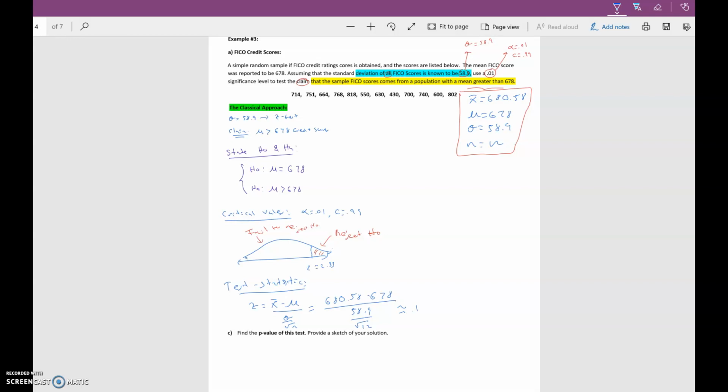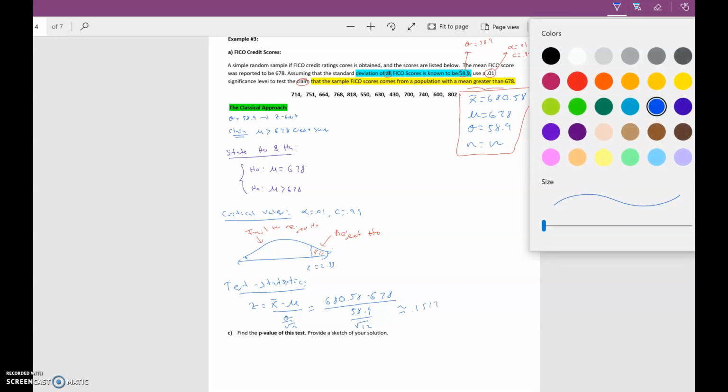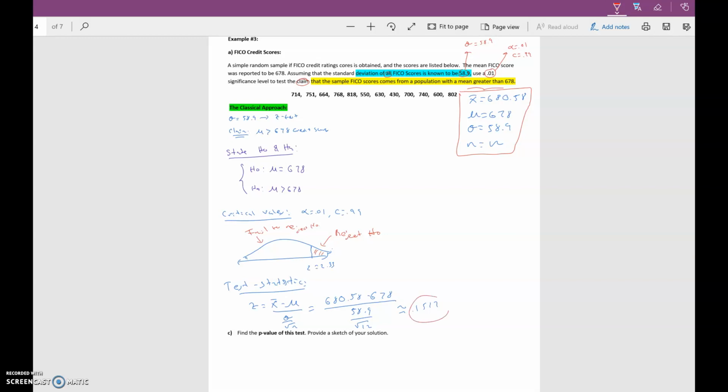I'm getting that this is 0.1517, rounding to 4 decimal places. Please evaluate it and be careful to make sure that you're putting the actual parentheses there.